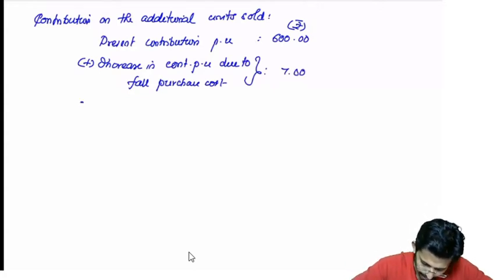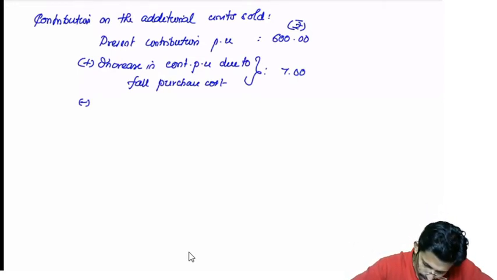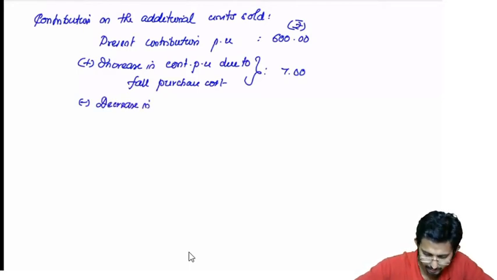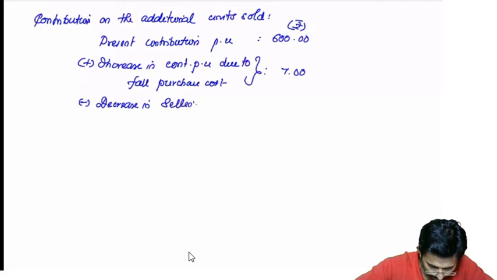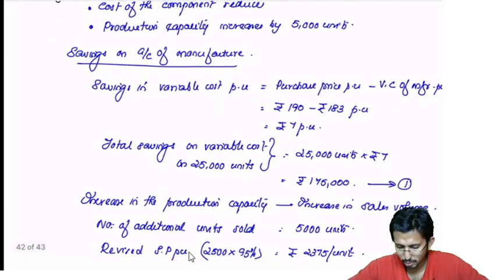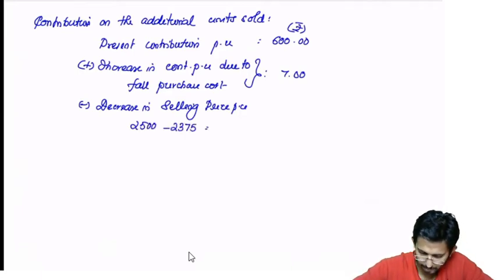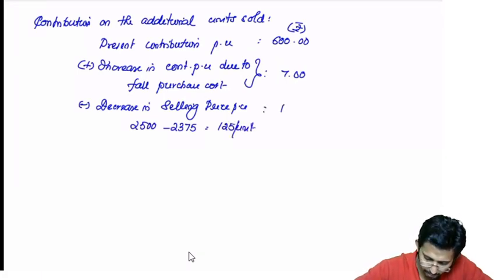Now what will happen next? The selling price is coming down. So when the selling price comes down, contribution will also come down. Okay, so decrease in selling price per unit, that is 2,500 has become 2,375, $125 per unit.